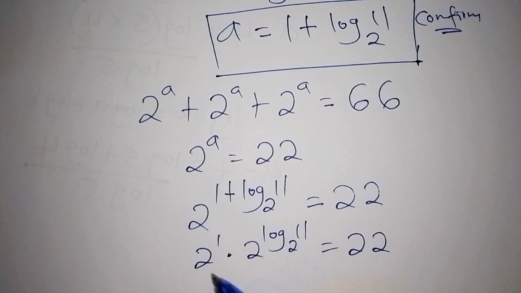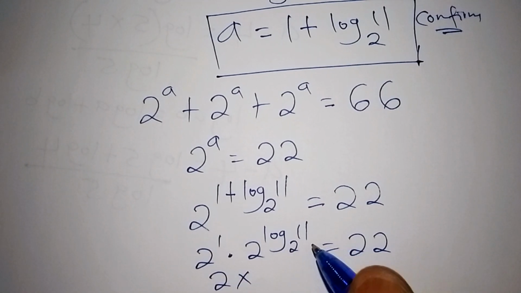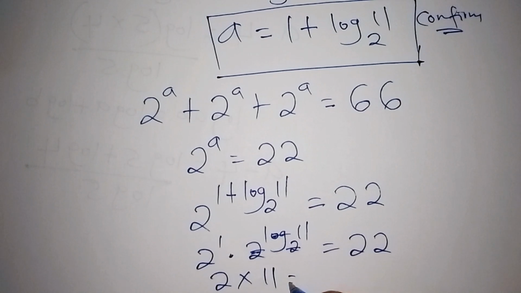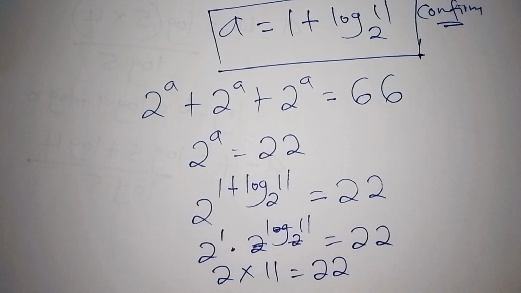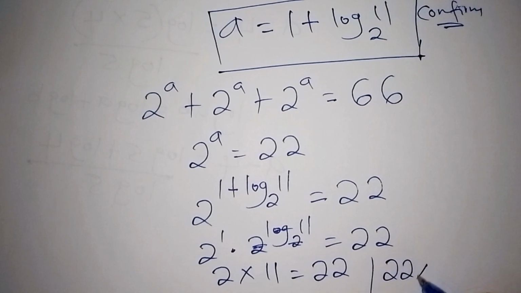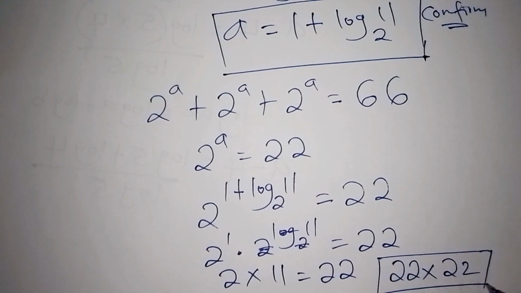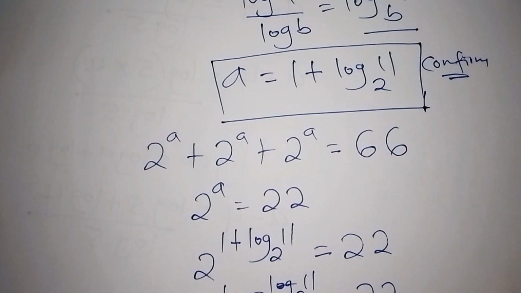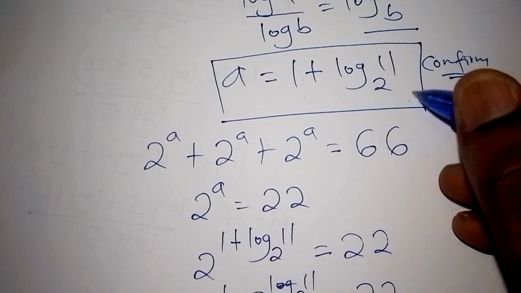With 2 to the power of 1, we have 2 multiplied by 2 to the log to the base of 2, which cancels these 2, leaving 11. So our final answer is 2 times 11, and 22 is equal to 22. So we are right when we say that our value for a is equal to 1 plus the log of 11 to the base of 2.